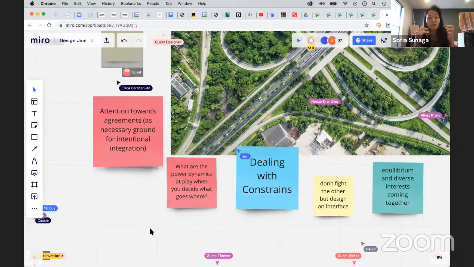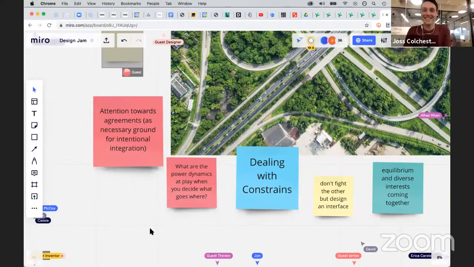If we can make those visible, then integration becomes a little easier. But without those, particularly amongst humans, it's really hard. So considering that layer of agreements is a necessary foundation for that level of integration. That's what I meant. Totally.